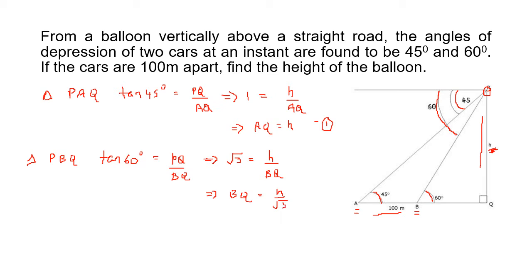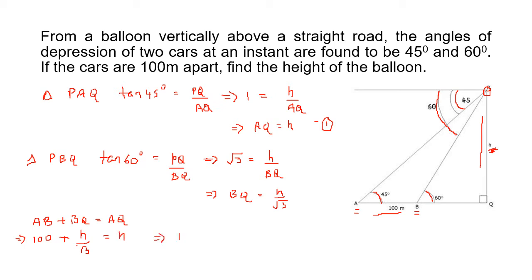Now we have the relationship AB plus BQ equal to AQ, right? What is AB? AB is 100 meter, plus BQ. We have got the value of BQ also. The value of BQ is H upon root 3, and AQ is H from 1.